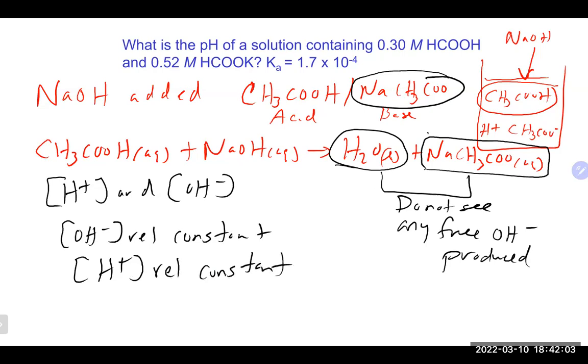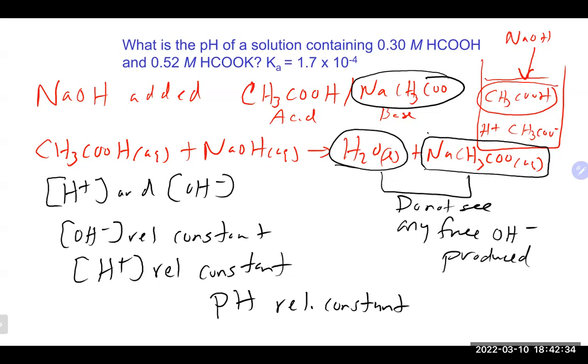And by default, that means that our pH here should also remain relatively constant as well. So in the case of adding a base to a buffer, it basically will react with the acid part of the buffer. It will prevent the formation of free OH minus. And by keeping that free OH minus from being formed, it by default keeps the H plus concentration relatively constant, and thus the pH also relatively constant.